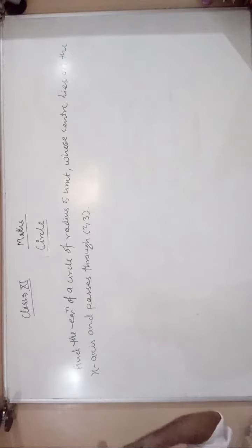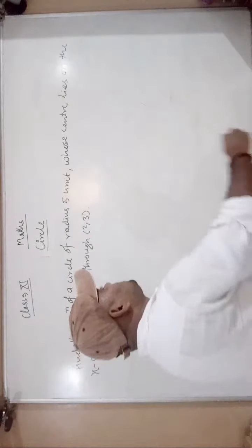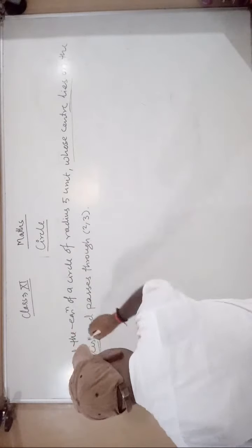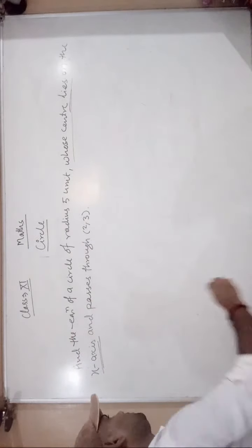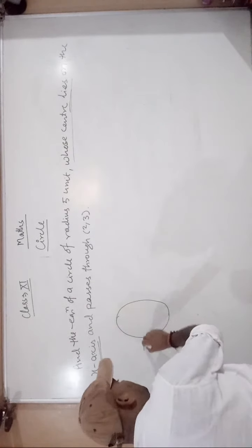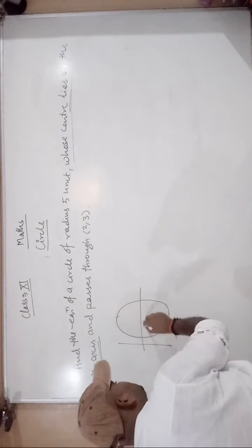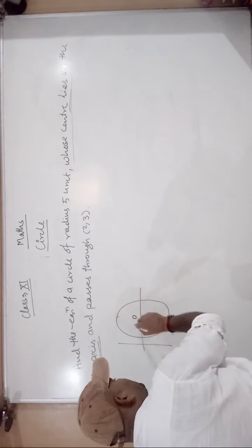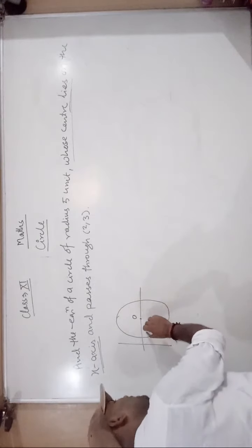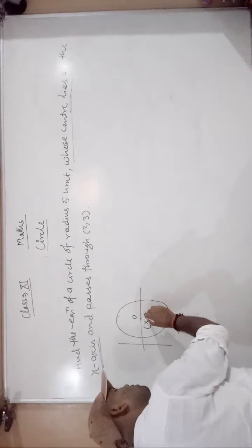Okay, now it is given that the center lies on the x-axis. Let us draw a rough figure. Suppose this is the center. As the center lies on the x-axis, means its y coordinate is 0.